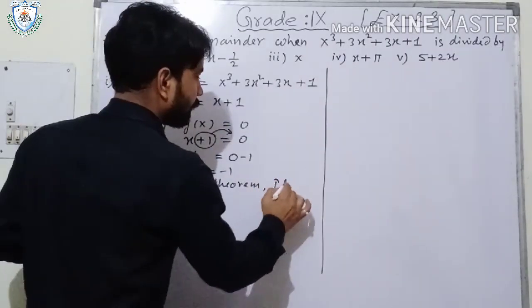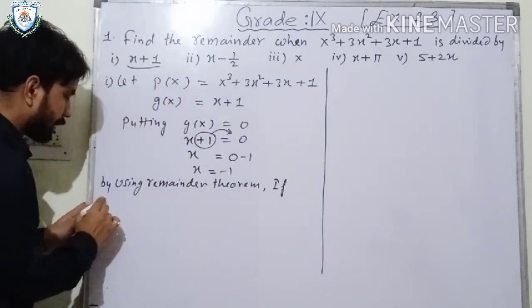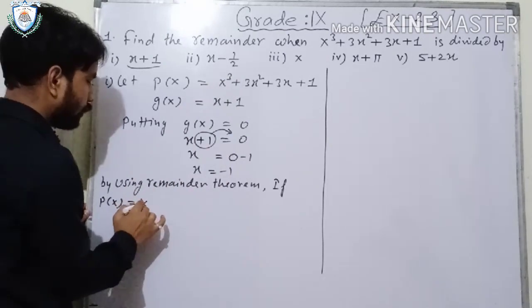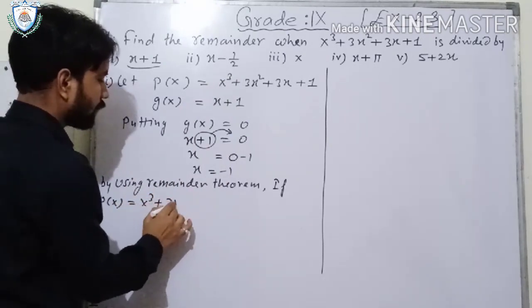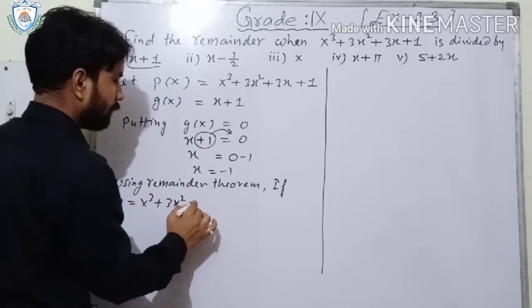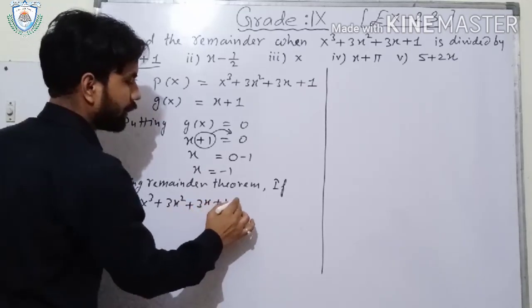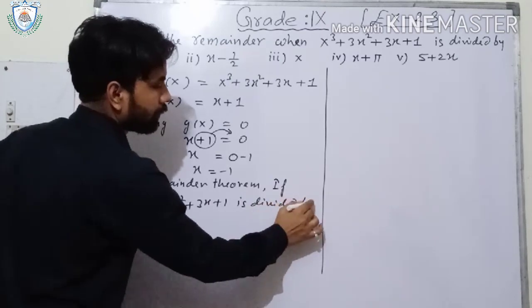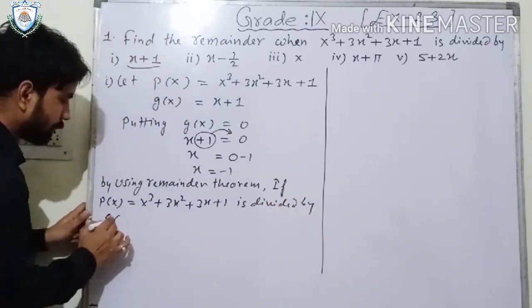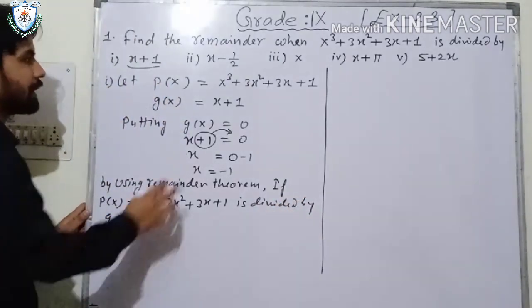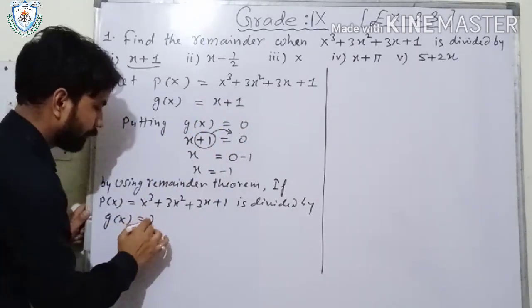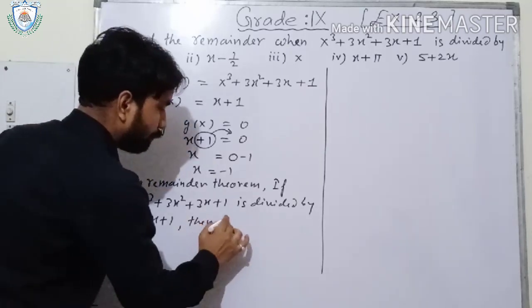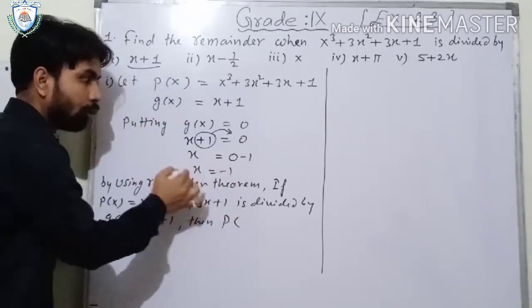If p of x, which is x cube plus 3x square plus 3x plus 1, is divided by g of x equals x plus 1, then p of, what is the value of x here?